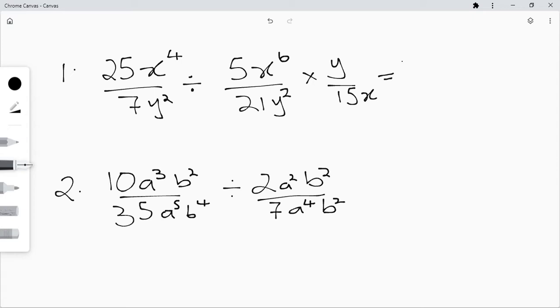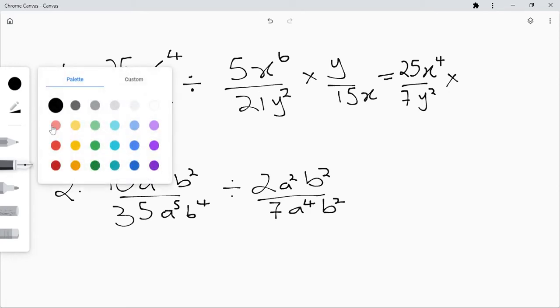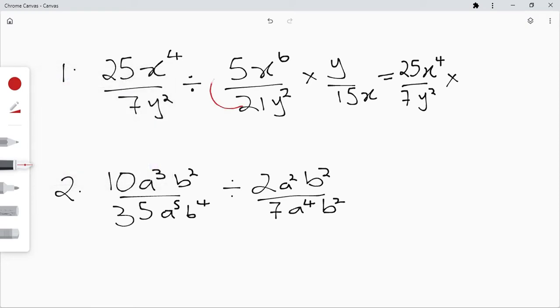So we're going to have 25x to the power 4 over 7y squared, times. Remember, whenever we're dividing fractions, when you multiply, the numerator comes on top and the denominator comes down.